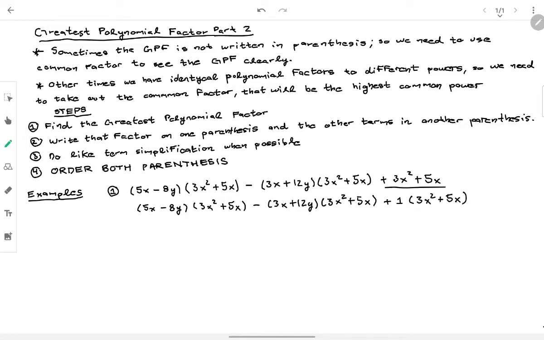So that's the kind of exercises we are going to have today. We need to put this to see the greatest polynomial factor more clearly.